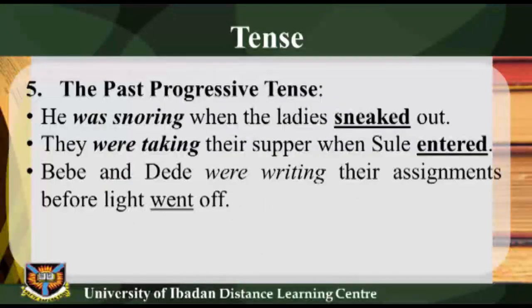A. Aldo was snoring when the children sneaked out. B. Debbie was looking for a book when she found the missing document. C. They were taking their supper when Sule entered. D. Bebe and Dede were writing their assignments before light went off.